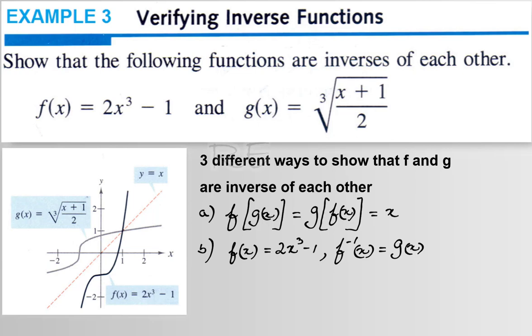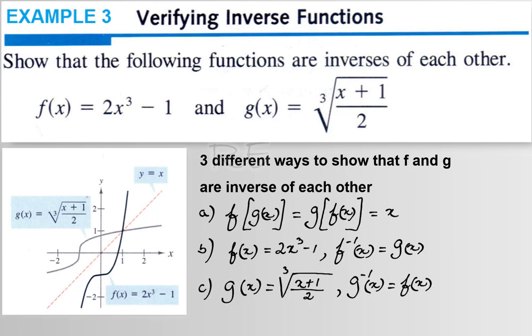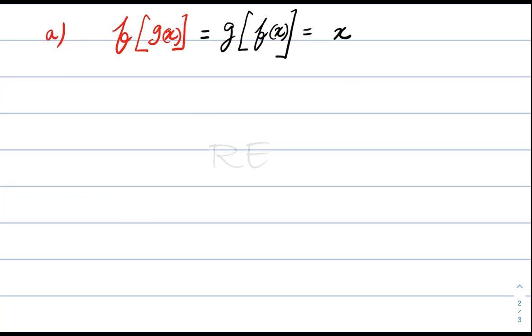The second is to show that the inverse of f of x is equal to g of x. The third one is to show that the inverse of g of x is equal to f of x. So we can choose one.